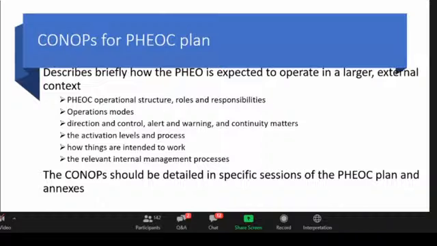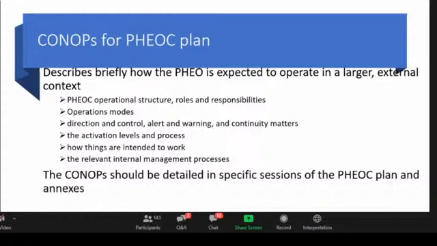Okay, so finally, let's look at the Conops for the PHEOC plan. The Conops is the same as for the national plan or the emergency operations plan. The Conops for an EOC plan also describes briefly how the EOC is expected to operate in a larger external context.